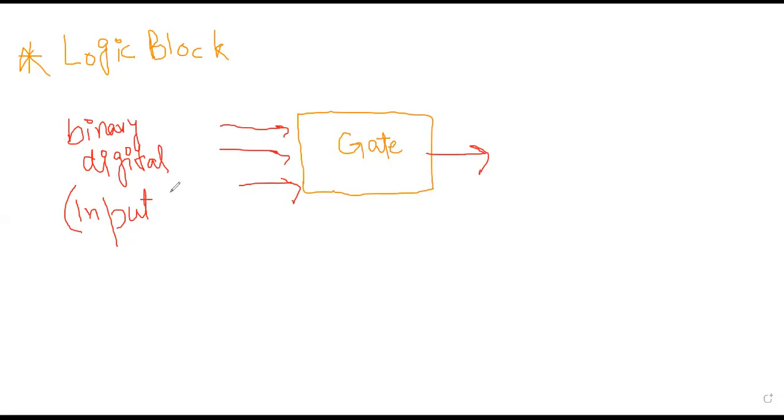It may contain n numbers, depending on n. N is basically the number of inputs in the system.